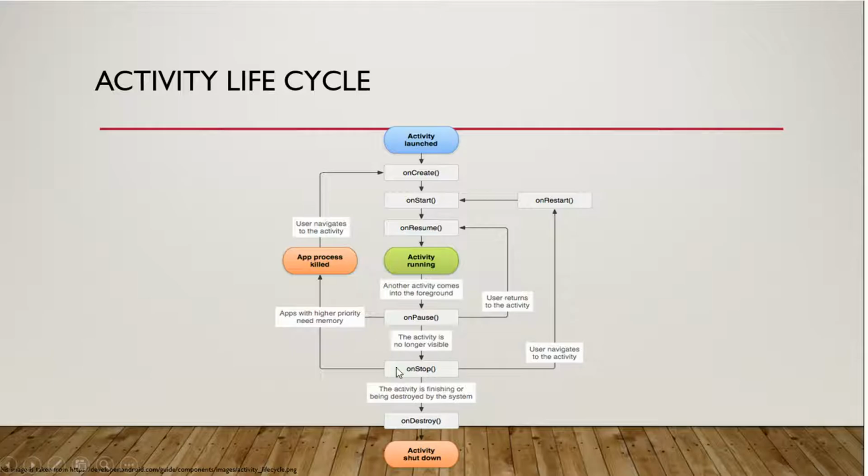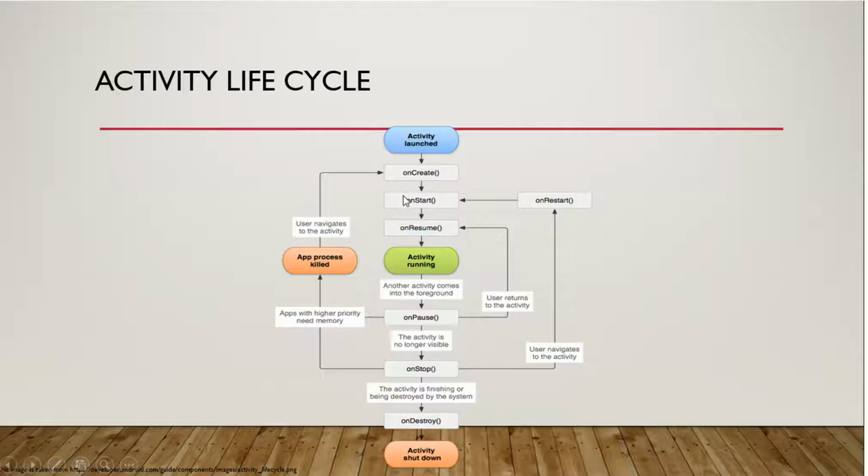After that we come to onDestroy. At the very end, when the user does not want to use our application anymore, meaning the user wants to shut down our application, the onDestroy method will be called.